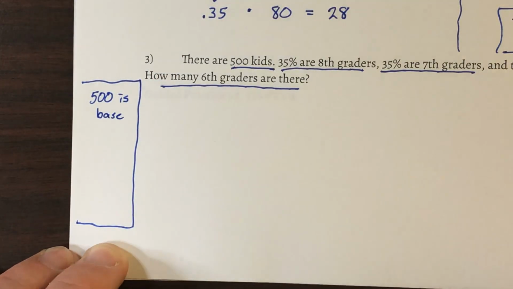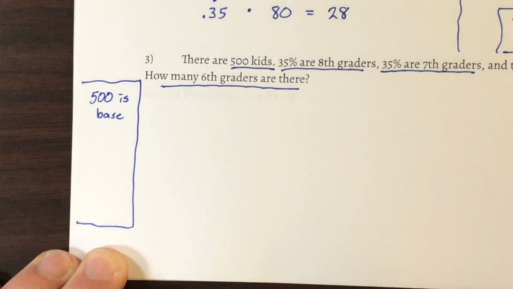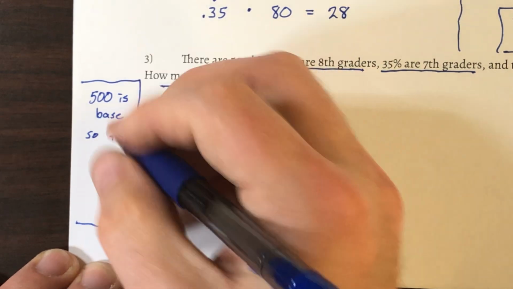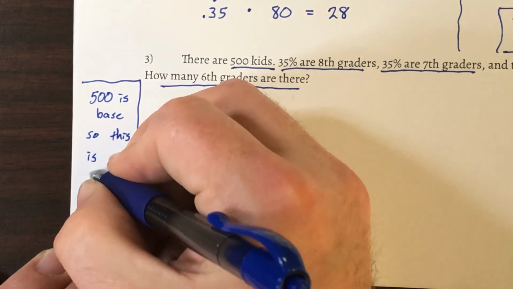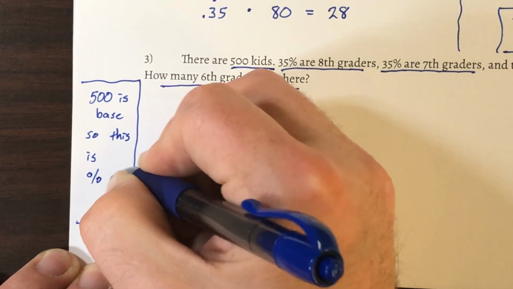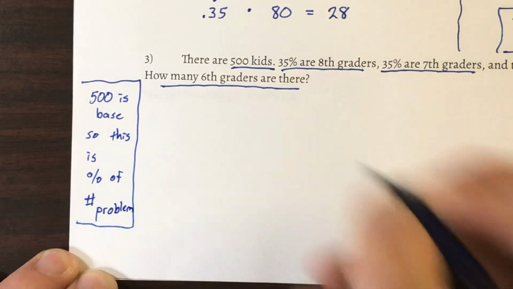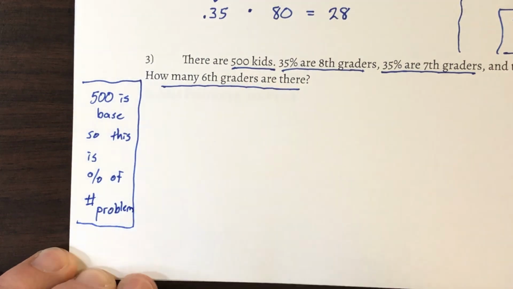That means 500 is everyone, all kids, all 100% of them. So this is a percent of number problem. When you're given the base and you want a portion of it, that's a percent of number problem.